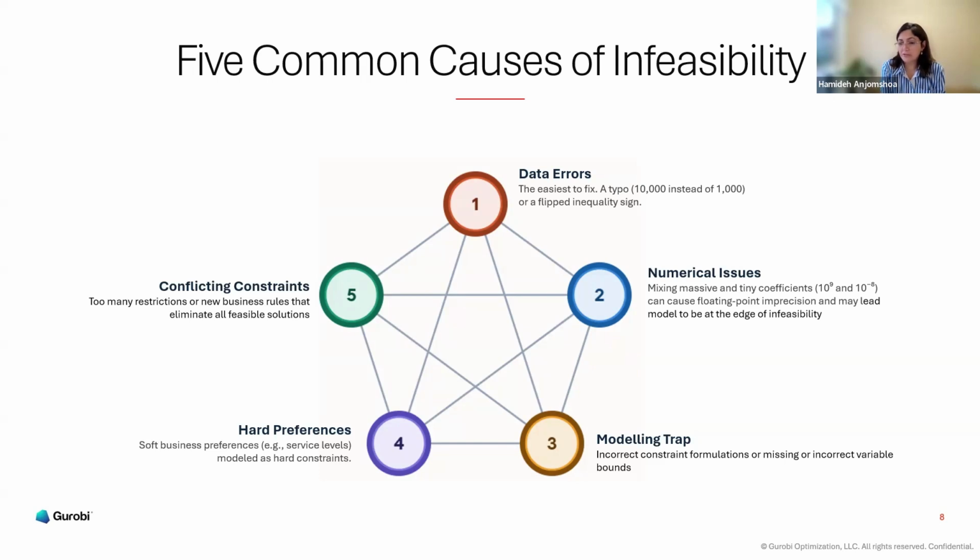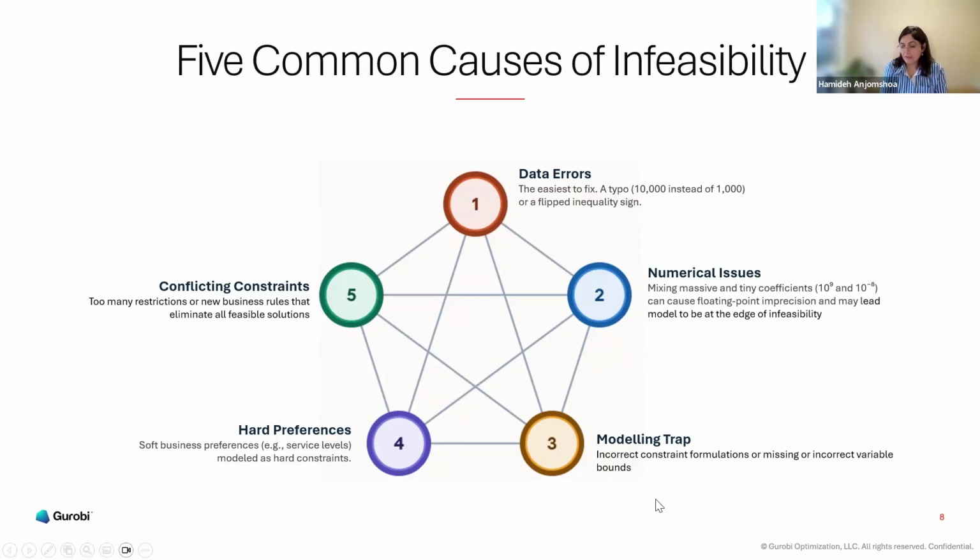So numerical issues are pretty key. And sometimes users come back and say, my model is feasible, but why is it telling me it is infeasible? There are many articles about numerical issues. So be careful when you are defining all of your coefficients in constraints, and even in the objective, though it doesn't matter as much there as for infeasibility.